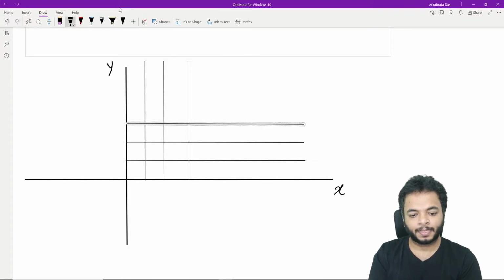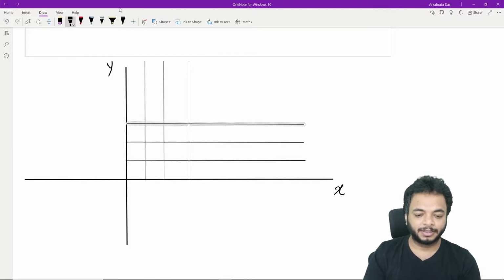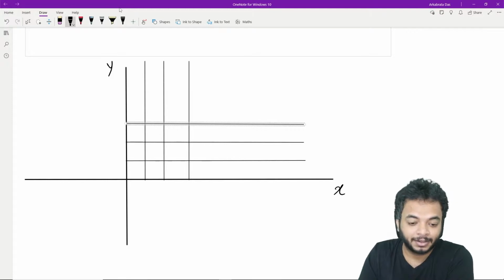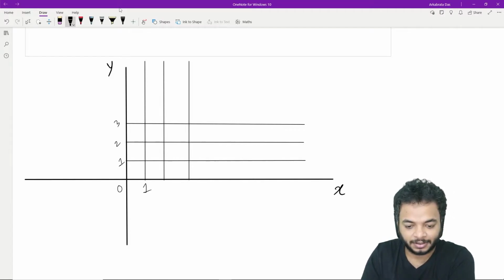Now notice how many squares will be there. Okay, so how many unit squares will be there? So this is 0, this is 1, this is 1, this is 2, this is 3, this is 2, 3, and so on.